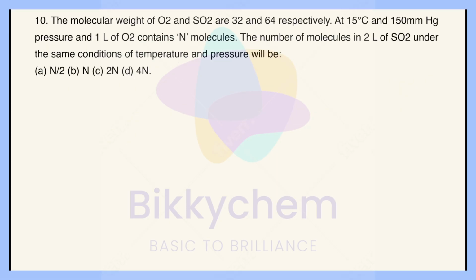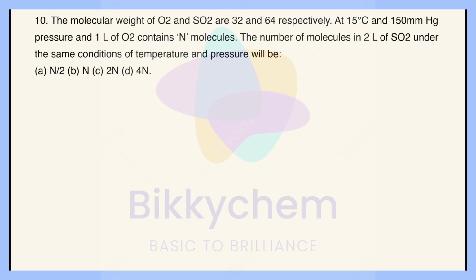Okay, now take this one question. Here we have to find out the value: 1 liter of oxygen contains N molecules at 15 degrees Celsius and 150 mmHg. The oxygen and SO2 molecular masses are also given here, 32 and 64. Under the same condition of pressure and temperature, what will be the number of molecules of SO2 in 2 liter?